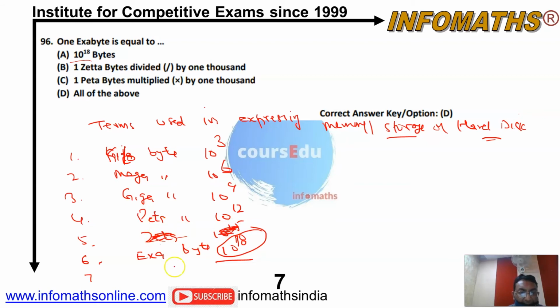Zeta will come after this. Zetabyte will be 10 raised to power 21. Sorry, students. After peta, there is some term missing from my mind. Let me check again. First is kilobyte, then mega, then giga. Yes, we have missed terabyte. Sorry, students, there was a little confusion in my mind. Let's just forget it.